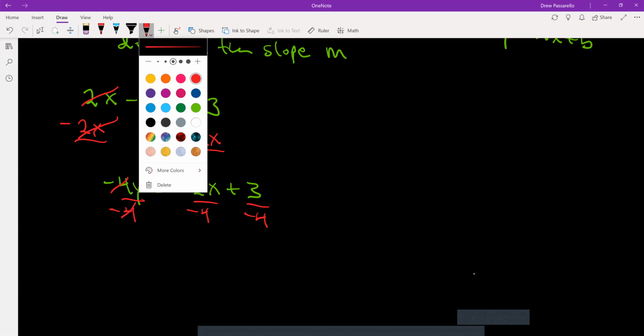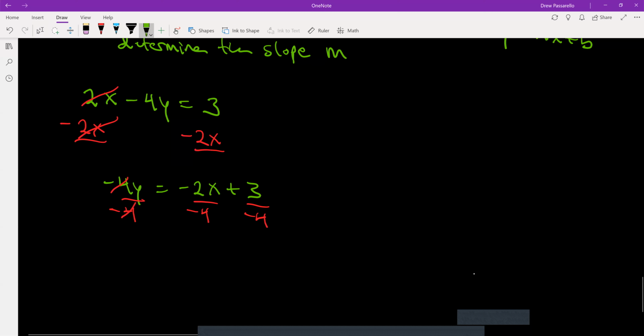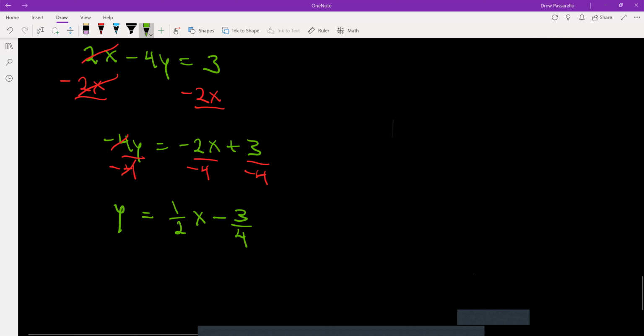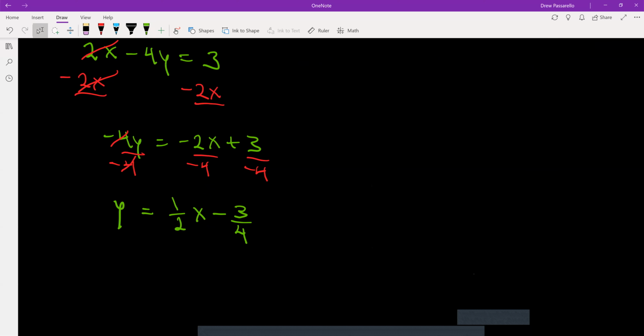So this line that I was given, in slope-intercept form, is y equals 1/2 x minus 3/4. That's the same line as 2x minus 4y equal to 3. I just rewrote it. And from here, I can deduce that the slope is 1/2.